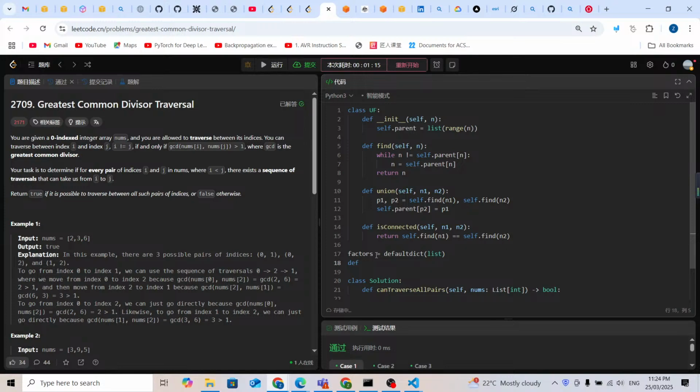And let's define e_prime_factors, because it's going to be the Eratosthenes algorithm, similar to finding prime numbers. But here we just use it for finding prime factors. So I'm going to call it e_prime_factors, and it's going to take a number n.